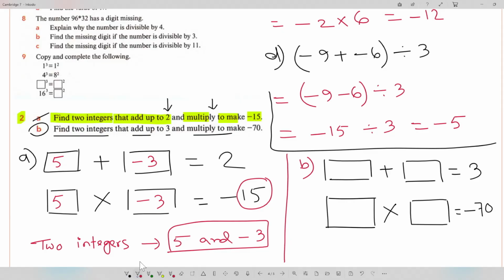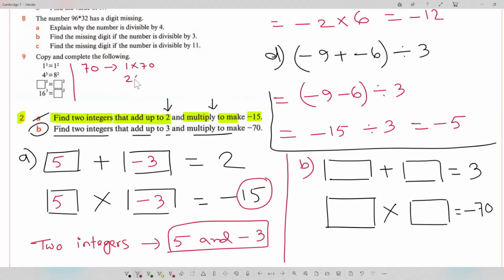In this case we have to do a similar thing, find the factorization of 70. So 70 we can write as 1 times 70 is 70, but 70 plus 1 is not equal to 3, or 70 minus 1 is not equal to 3.